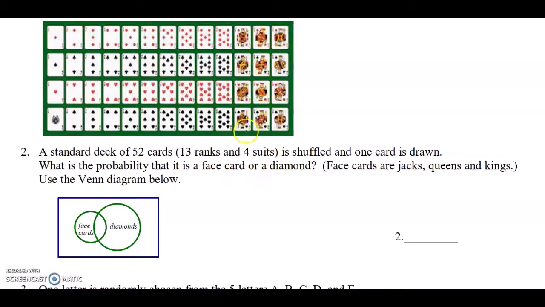So here we have actually 4 suits, so we have 4 jacks, 4 queens, and 4 kings, for a total of 12 face cards, but then we have 13 that are diamonds.